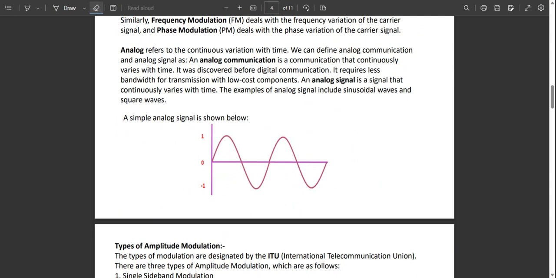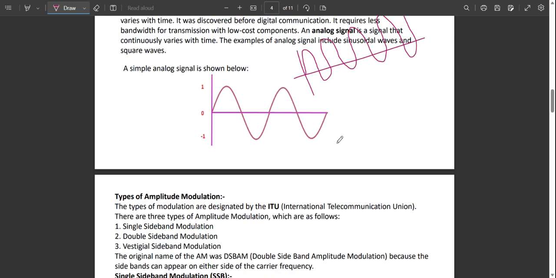This is the message signal which we want to pass through, and this is the carrier signal. When these are multiplied together in the modulator, the signal becomes like that.